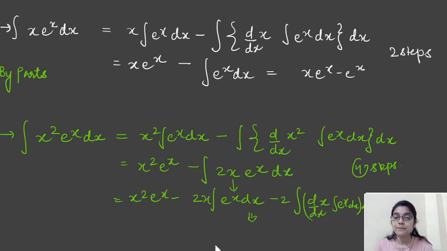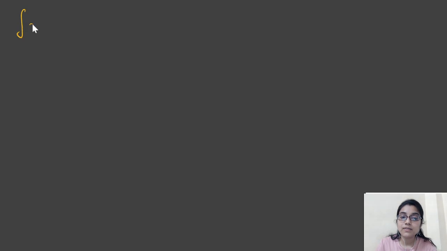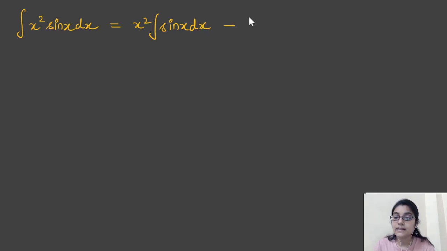In a similar way, suppose it is given to you: find x square sin x dx. You will repeat the same process: x square times the integration of sin x dx, minus the integral of the derivative of x square times the integration of sin x dx.